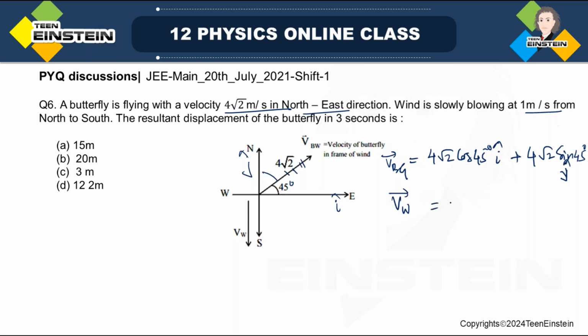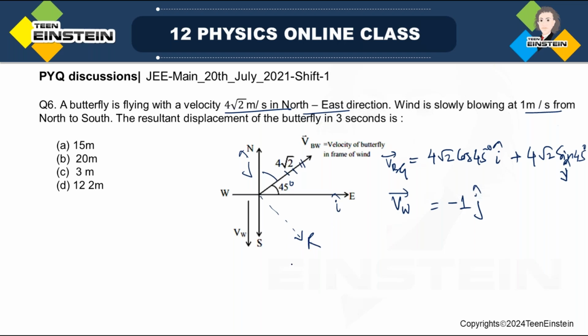And the wind has velocity along minus j direction, that is 1 meter. 1 minus j cap along the south direction, from north to south. So you have to find out the resultant, which will be along some direction along this way. So this will be the resultant.